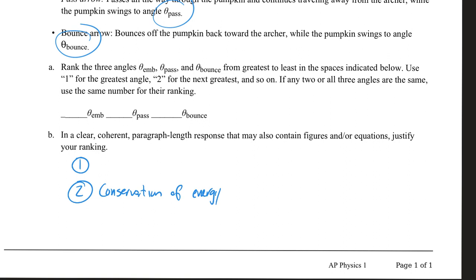So if you have to rank these, bounce back is going to be the greatest, pass through is going to be the least, and embedded is going to be in the middle. But if you don't mention conservation of energy and conservation of momentum and explain why the pumpkin gains momentum, you can't get any of the points.